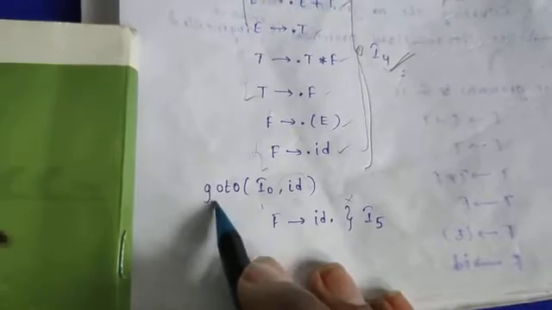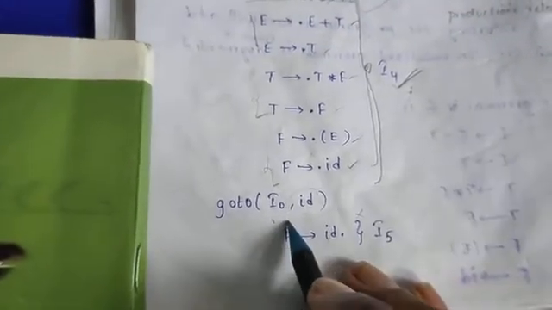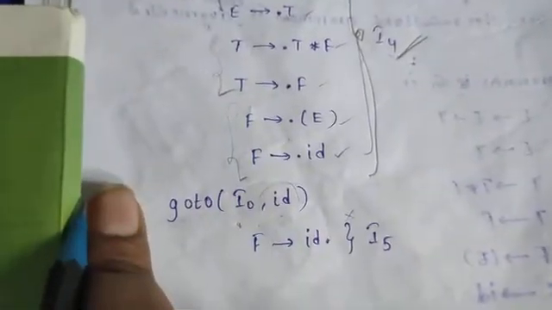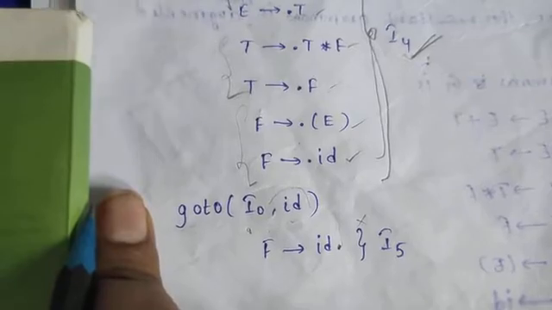So again we'll go for one more thing. We'll go to I0, the initial state. In that one we are moving the dot by passing the ID, that's the reason for goto of I0 comma ID. Here, by moving this one, there is no non-terminal after this dot.